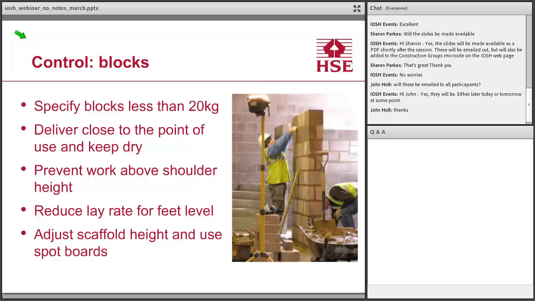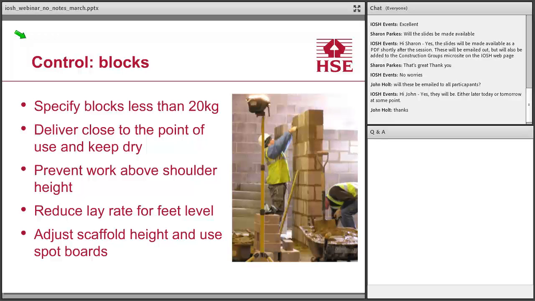And also things like having spot boards where they put their mortar. There are some really good spot boards which you can actually put onto the scaffold, and that makes it adjustable, so the bricklayer can set it to the height best for them.